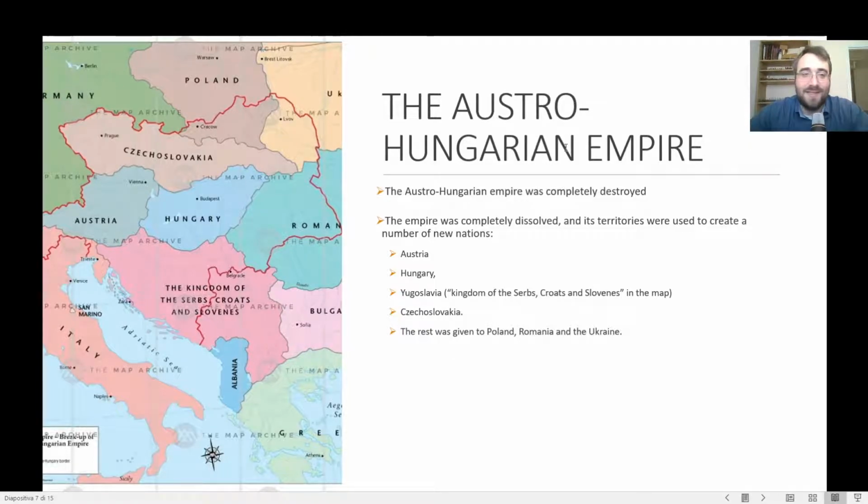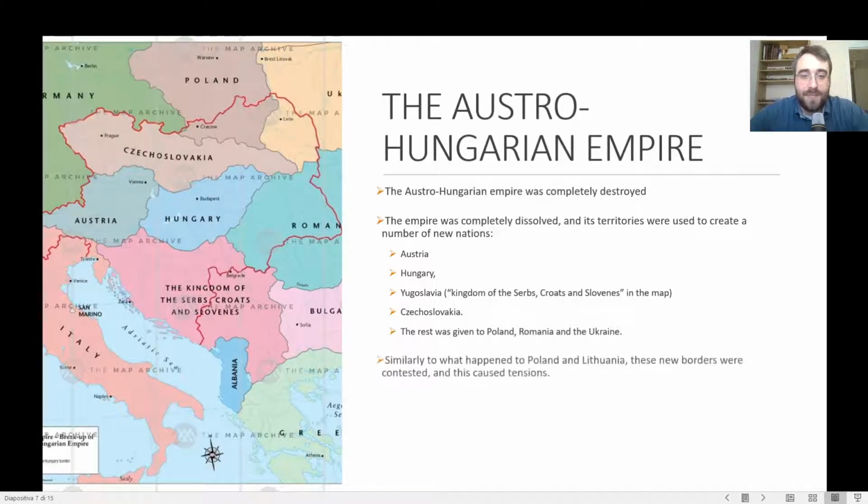It's complicated. But some of the countries that emerged from the collapse of this empire were, first of all, Austria and Hungary, of course, but also Yugoslavia, which you can see here as the Kingdom of the Serbs, Croats and Slovenes in the map, and Czechoslovakia, which is now divided into Czech Republic and Slovakia. The rest was given to Poland, Romania and the Ukraine.